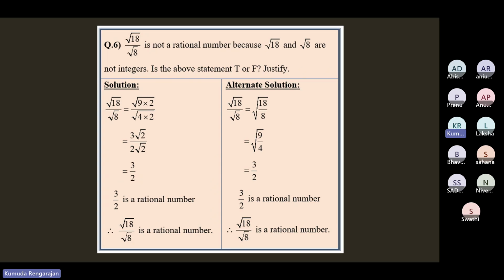The numerator root 18 is not an integer, the denominator root 8 is also not an integer. So because the numerator and denominator are not integers, it is not a rational number.